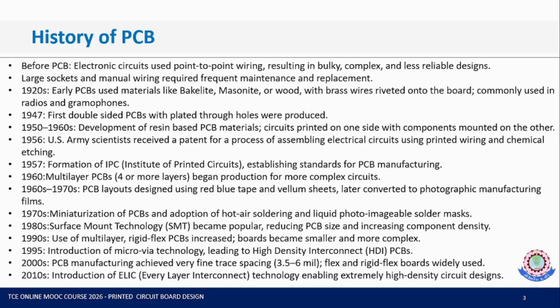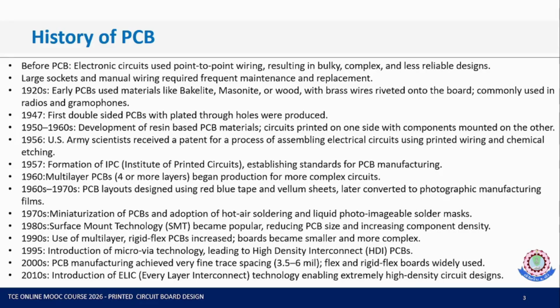In the 1960s and 70s, PCB layout designing was conducted using red and blue tape and balloon sheets, which were later converted to photographic manufacturing films. That's one of the next stages of PCB manufacturing. In the 1970s, many systems of PCBs were adopted, and hot air soldering and liquid photo-imageable solder masks were introduced. In the 1980s, SMT, with smaller components, was mounted on the PCB.